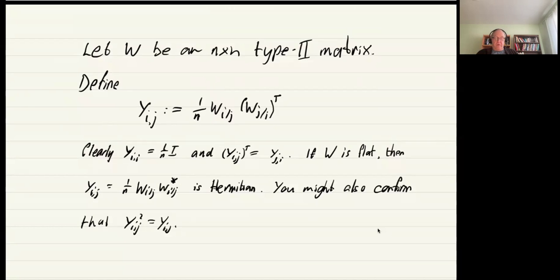It's almost worth calling out as an exercise, and it's also easy to see that this is true. All you can really use is the fact that W times W inverse transpose equals N times I. When you multiply a matrix times its transpose, you're effectively taking the dot product of two rows.